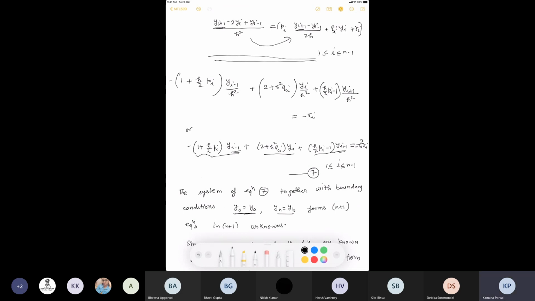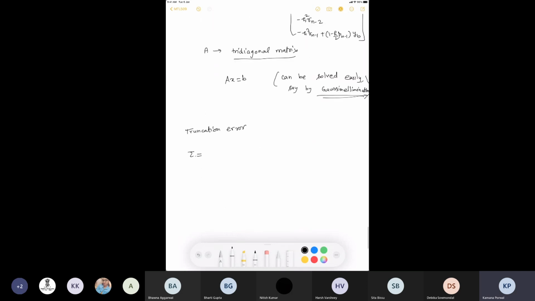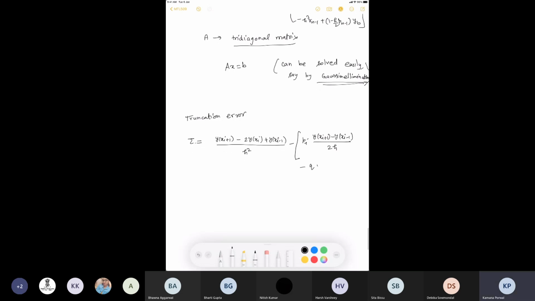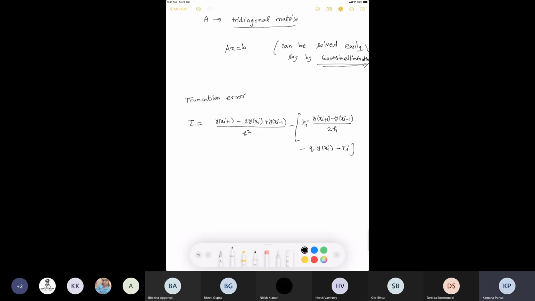So we have y at x_{i+1} minus 2y at x_i plus y at x_{i-1} divided by h squared, minus p_i times y at x_{i+1} minus y at x_{i-1} divided by 2h, minus q_i y at x_i minus r_i.